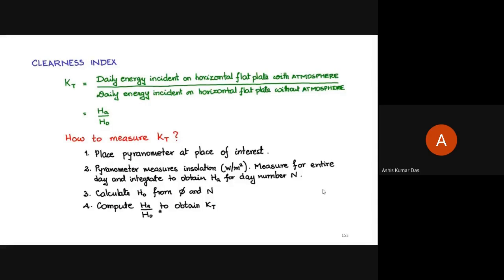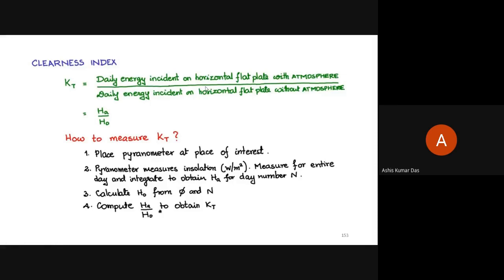So for this KT, we have got the way to estimate this clearness index. The clearness index KT is nothing but the ratio of the daily energy incident on a horizontal flat plate collector with atmospheric effect, divided by the daily energy incident on a horizontal flat plate collector without atmospheric effect. So this is the ratio.